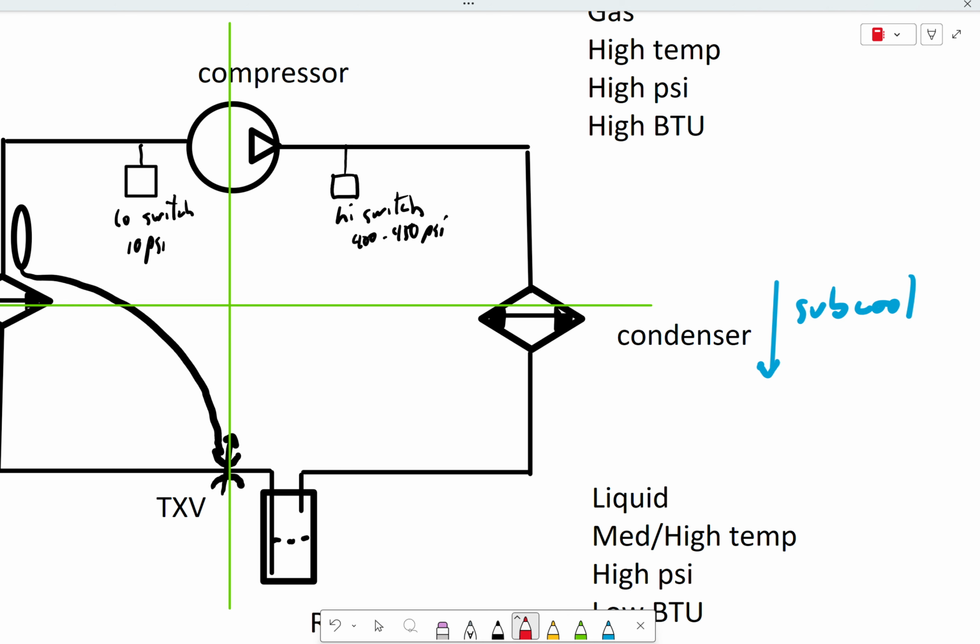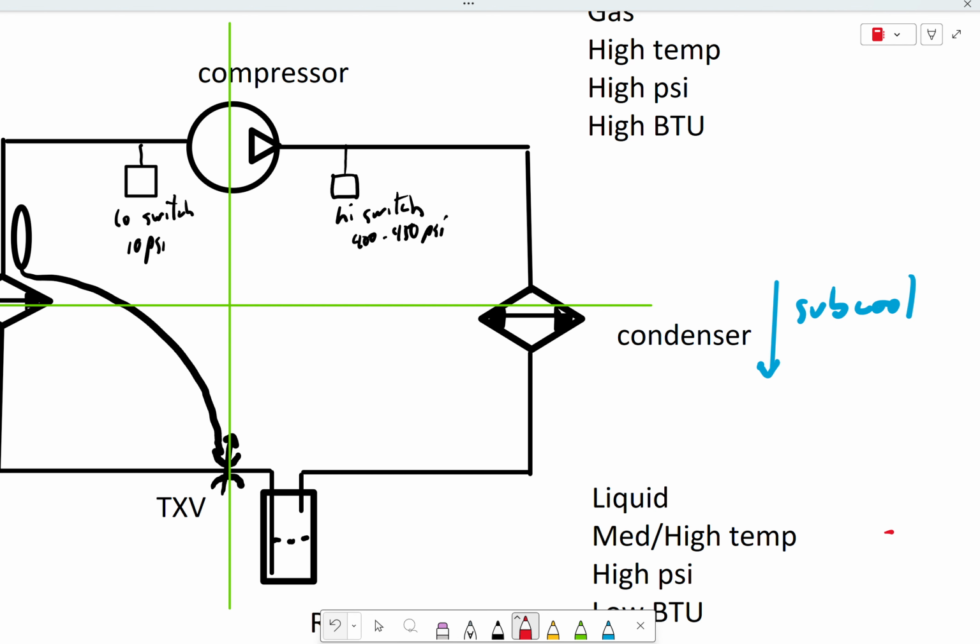Okay? The reason for that heat load going up is because we're just not getting rid of the heat. The same thing happens when you physically block the outside of the condenser and you can't get air through it, right? If you can't get any air through the condenser, the heat builds up, high side pressures go up.